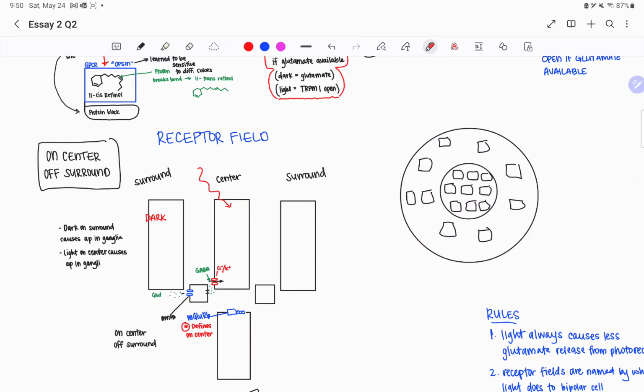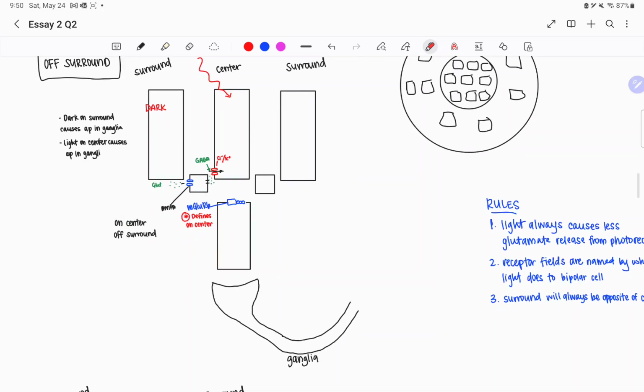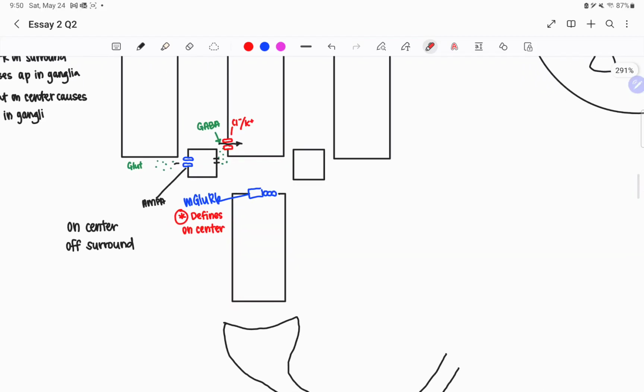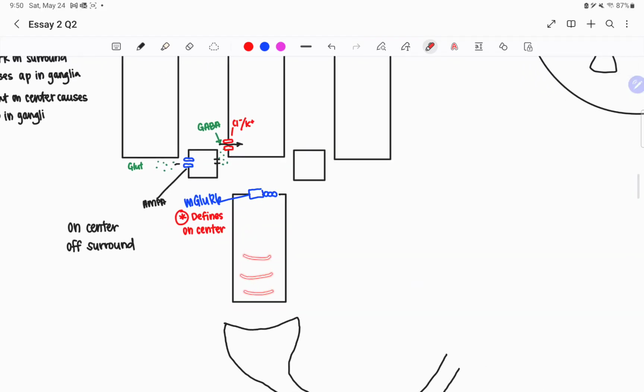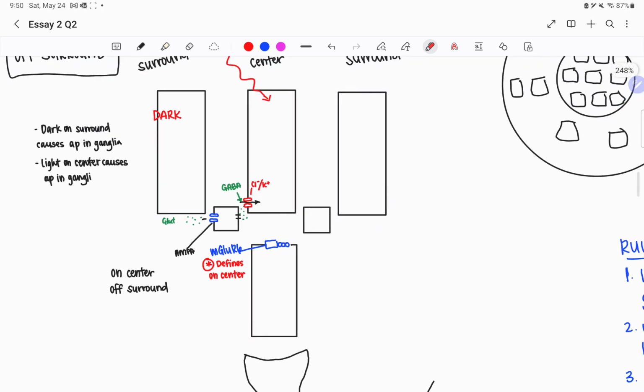Calcium won't enter the cell, so then there's no release of glutamate. The bipolar cell will then have TRPM1 open, and that will cause a depolarization of the bipolar cell, releasing glutamate. AMPA will open, sodium will rush in, and we have our action potentials to the brain. Okay?